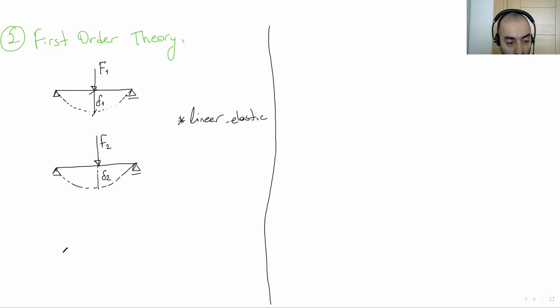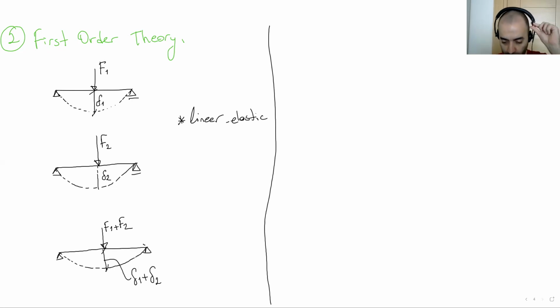If we have totally F1 plus F2, if we are looking for the deformation under this total loading, we can directly sum delta 1 plus delta 2. This is the first order theory.